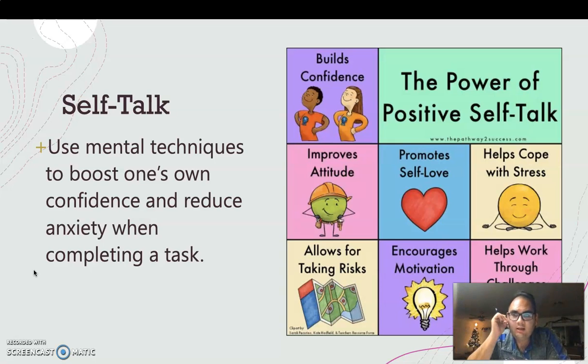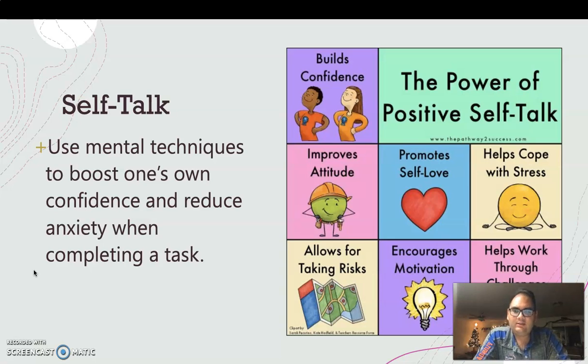So we want students to have a mental conversation with themselves. I have the students reason it out, saying, am I stupid? Well, you're not stupid. How can I improve on this? Well, what's another way I can put this?